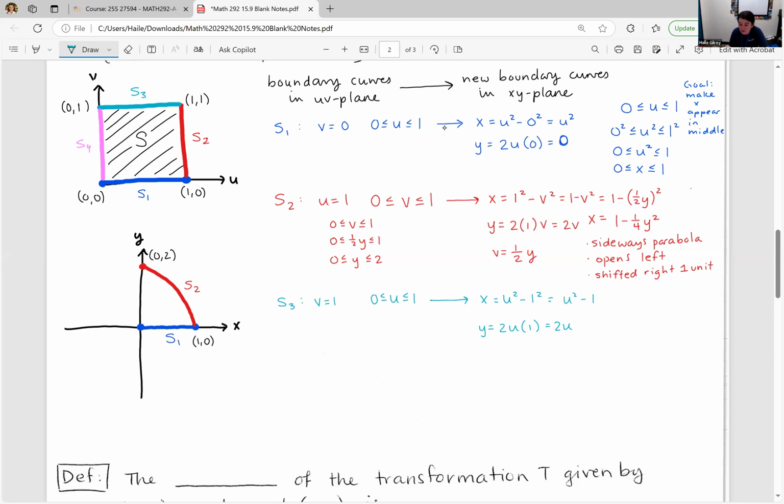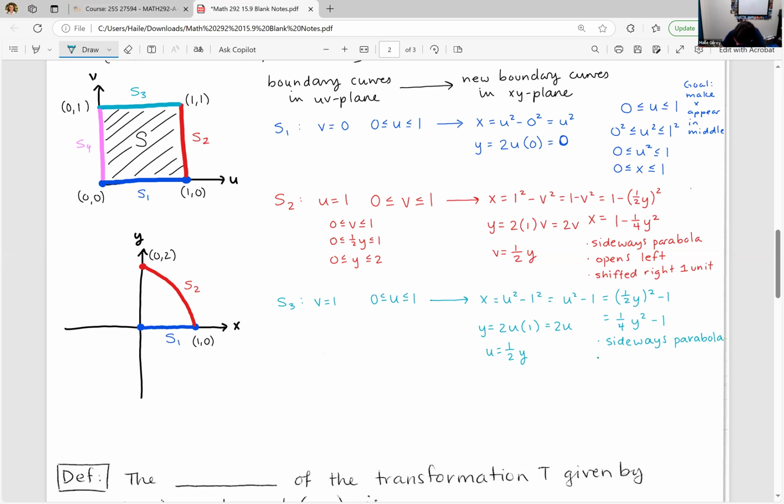Now, kind of similar to S2, we can isolate U in terms of Y. So U is equal to 1/2 times Y. And just like S2, we can plug this in for U. And so we get 1/4 times Y squared minus 1, which has a similar shape. It's still a sideways parabola, X is equal to Y squared.